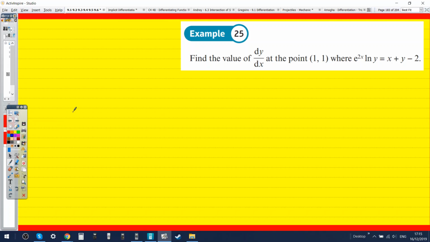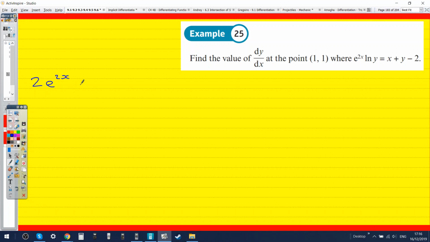So e to the 2x would differentiate to 2e to the 2x. And then ln y, would you have to use product rule?